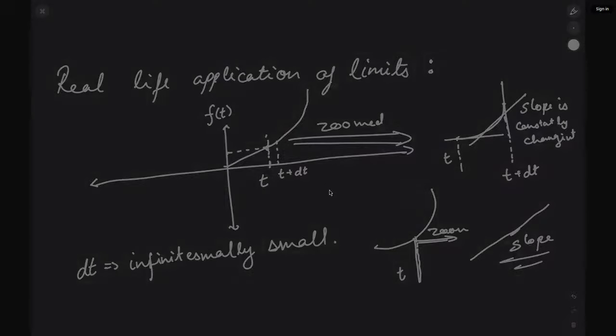All right. So this is the basic idea. Now, what are the applications? See, whenever you are driving a car and it is accelerating, if a car accelerates from 0 to 60 km per hour in 5 seconds, using limits you can calculate the car's speed at precisely any instant.